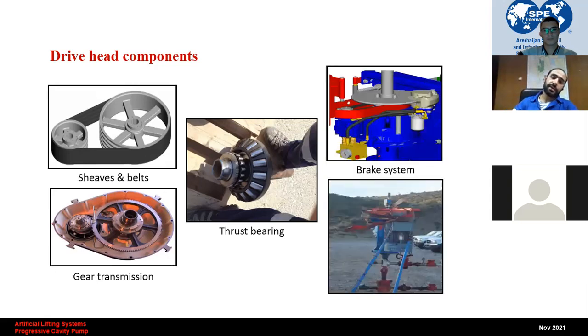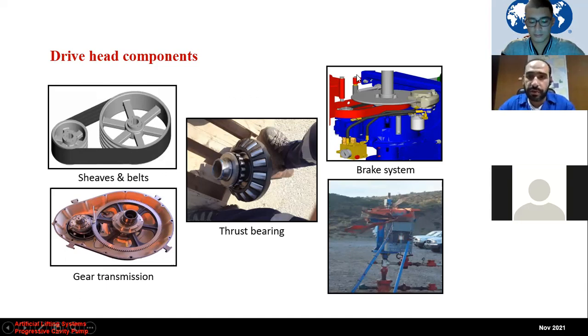Brake system. As we have just mentioned, this is an example of uncontrolled backward rotation during backspin. That was an uncontrolled release of energy. Several types of brake systems are actually available in the market: hydrodynamic systems, gear pump brake systems.